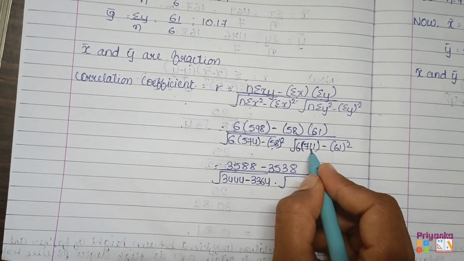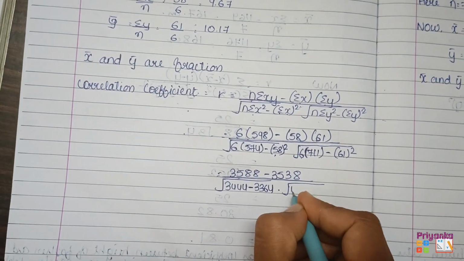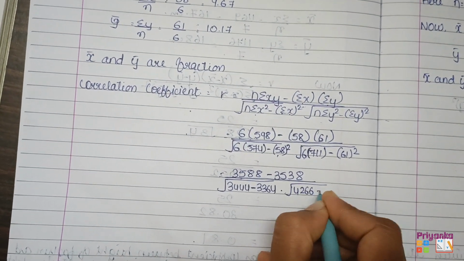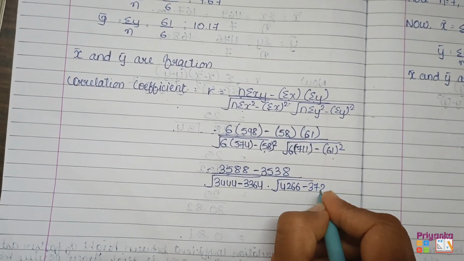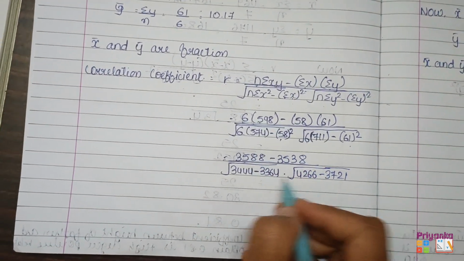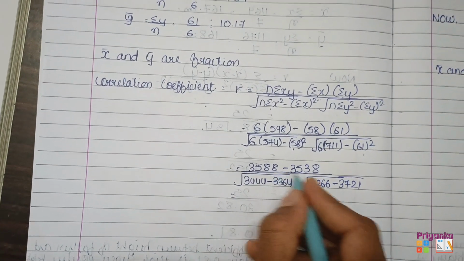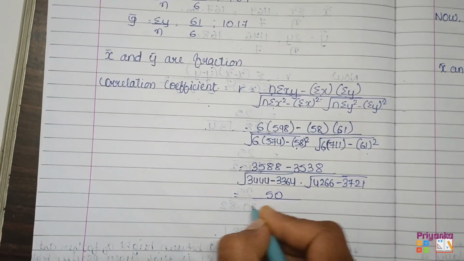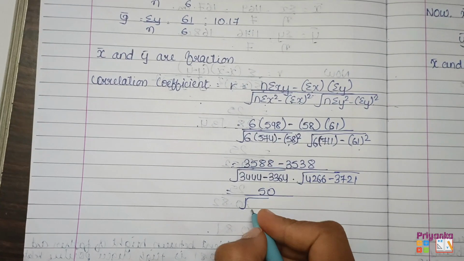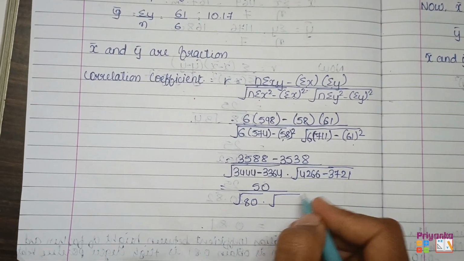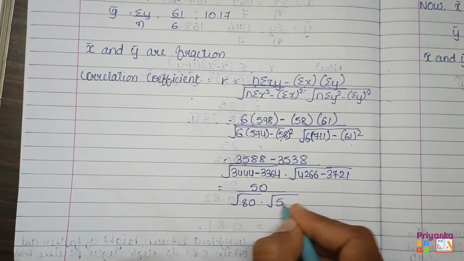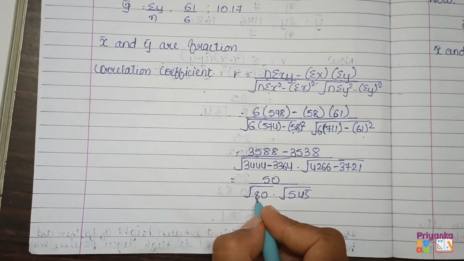Moving to the next, 6 into 711, here we get 4266. 61 into 61, here we get 3721. Now just subtract these two, and you get 545. The subtraction of these two can be done on your calculator. Out of the first subtraction we get 80.